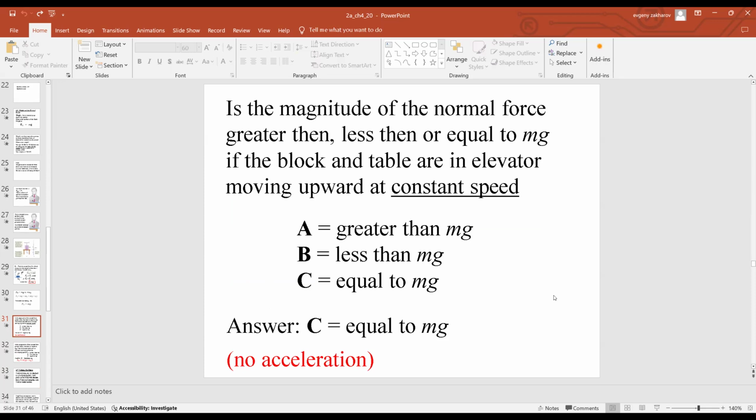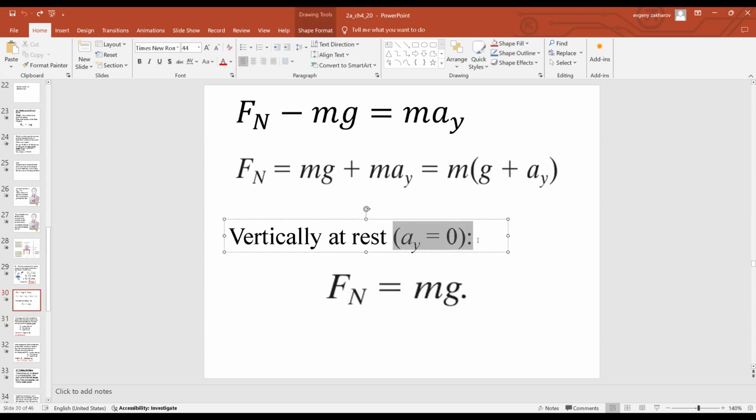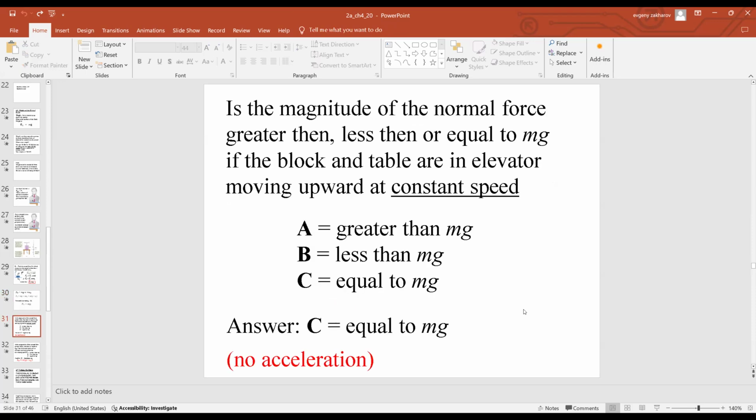Acceleration is 0, so we go back to the previous example and get the same value for normal force and gravity. So it's equal to gravity. Constant speed, once again, is the key word because it clearly says no change. That means no acceleration.